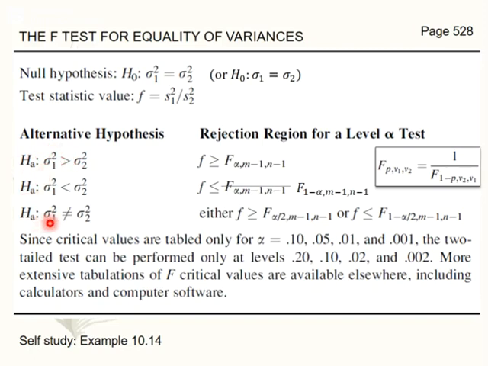For the two-sided test, the only difference now is you check for larger and small values. So you have now alpha over 2 and 1 minus alpha over 2. And once again, if you make sure that the larger variance is on top in this equation and the small one's at the bottom, then you'll always end up doing like an upper tail test.